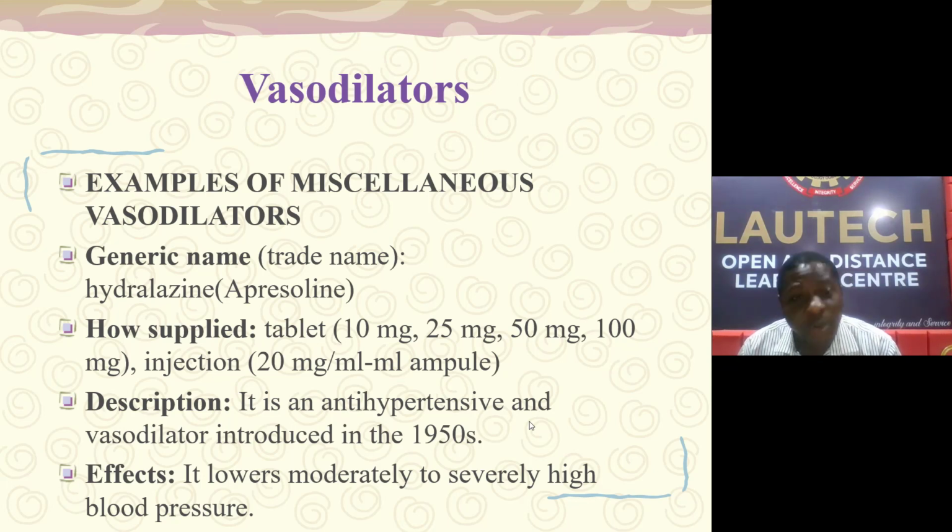So examples of miscellaneous vasodilators are hydralazine. This is one of the common vasodilators that we have around. Most of the time you find it in many facilities, especially at the various departments where hypertensive patients are being managed.